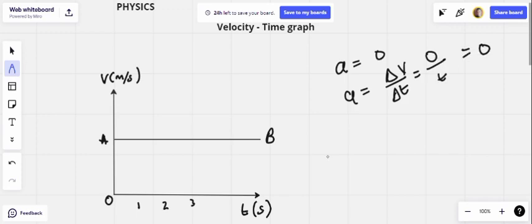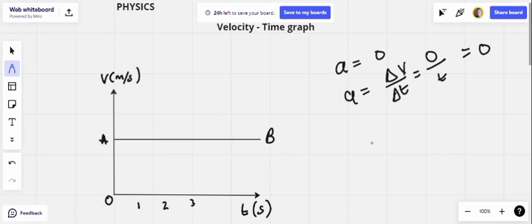Zero. So when you see a velocity time graph where the vertical axis doesn't vary, you just have a straight line like this. That means acceleration is zero. So if the velocity is constant, the acceleration will be zero.